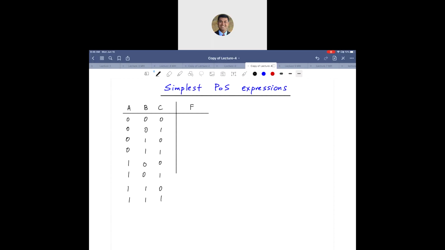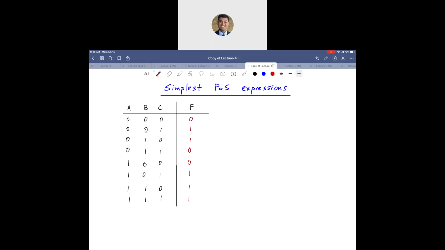Now what I can do is arbitrarily put some ones and zeros in the output side. Say I have 0, 1, 1, 0, 0, 1, 1, 1. I've arbitrarily selected some logic function with some truth table.